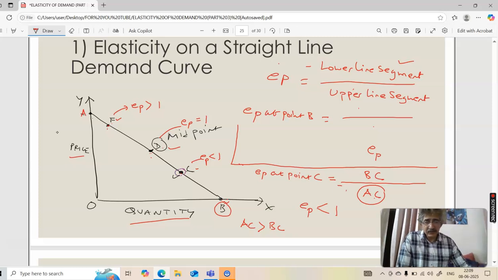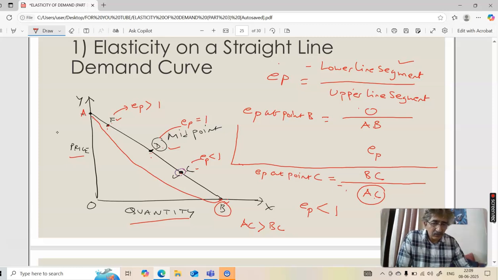So what is the lower line segment? Nothing, because nothing is there below point B. So the lower line segment is 0. What is the upper line segment? From A to B, the entire length. So AB comes as the denominator.